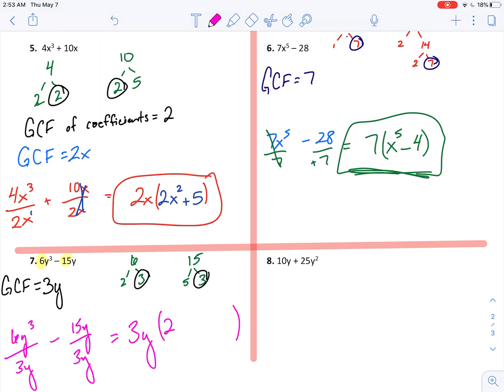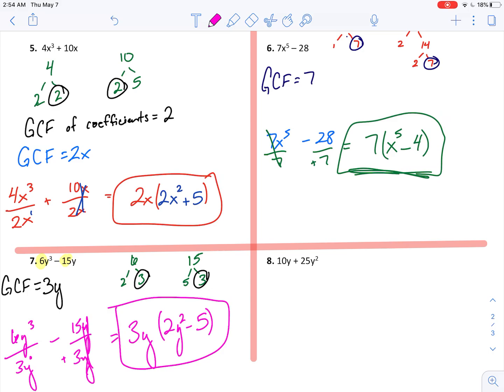And y cubed divided by y to the first. 3 minus 1 is 2. And now we've got negative 15. Don't forget that negative sign is there. So negative 15 divided by positive 3. Negative divided by a positive is a negative 5. And these y's cancel. So I'm just left with this for my final answer.